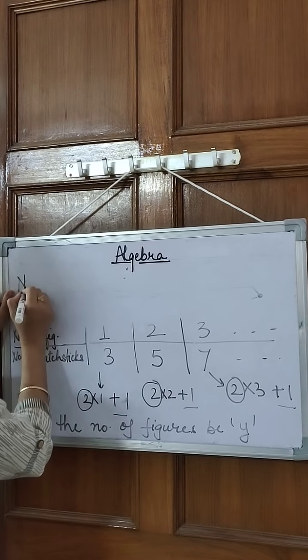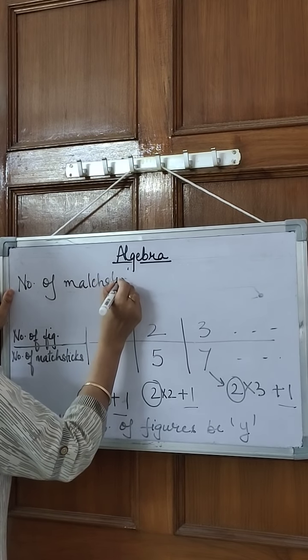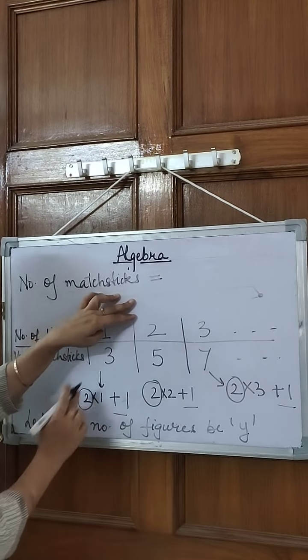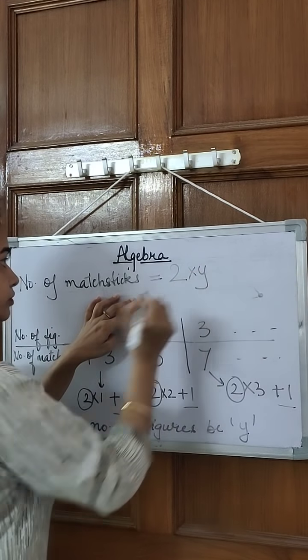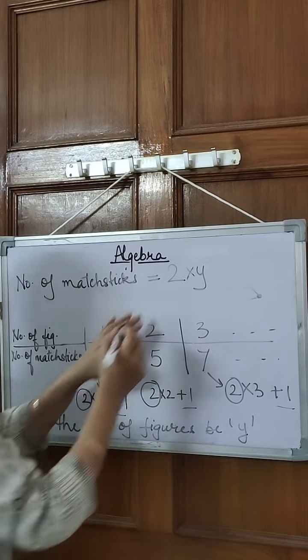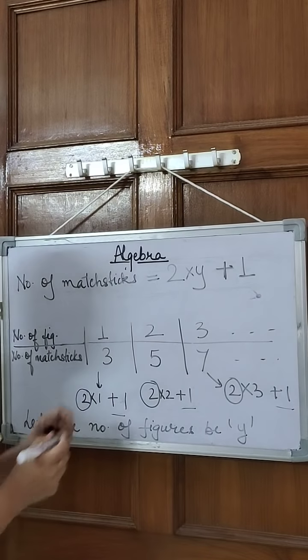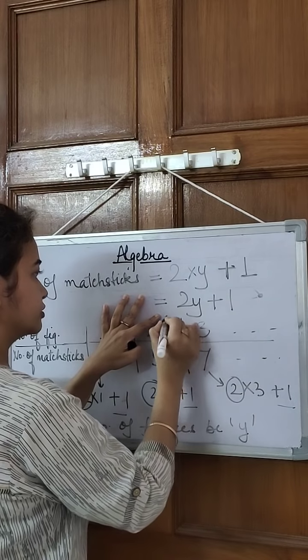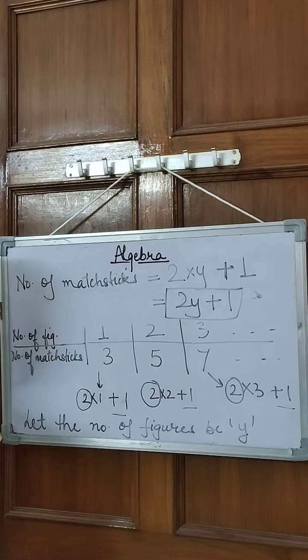So number of matchsticks in general will be 2, which is constant, into y, which is representing the number of figures, plus 1. Okay, and as I said that we don't need this multiplication sign, so I will say 2y plus 1. 2y plus 1 will be the pattern that we want.